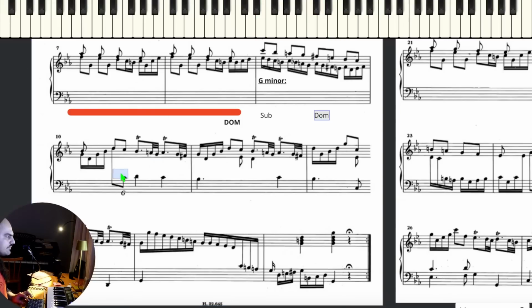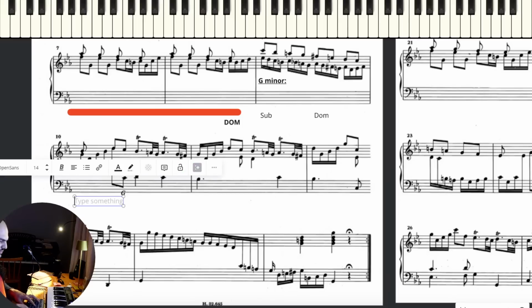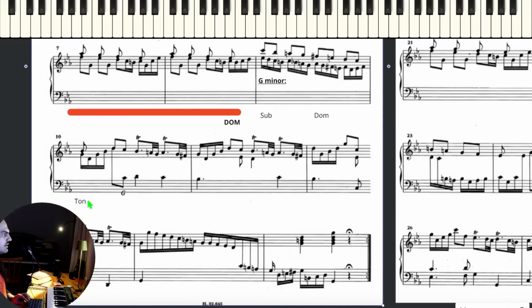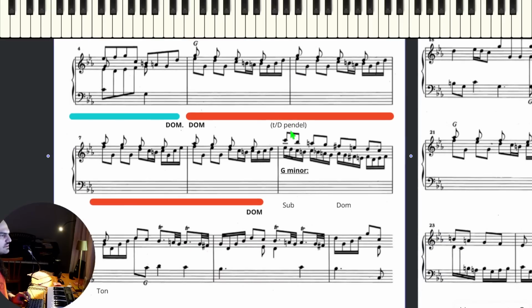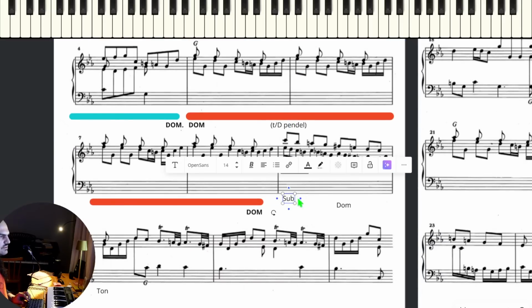Now, then tonic. So we have the harmonic progression of a cadence, but it's not a cadence. Important is to understand that we are in a new key.